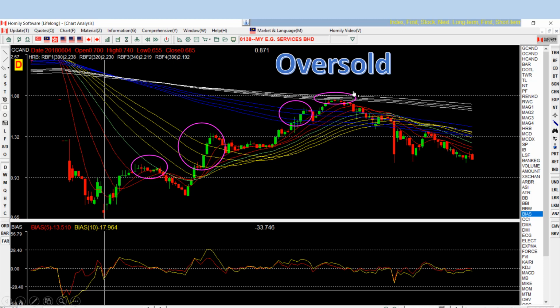And if the price breaks out the white line, you need to check whether the direction is turning up. And also you can combine with MACD to check. Here the MACD still has some red bars, so there is still sell pressure. And also it reached the important resistance, so it is hard to break out.